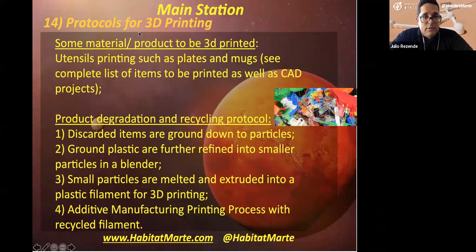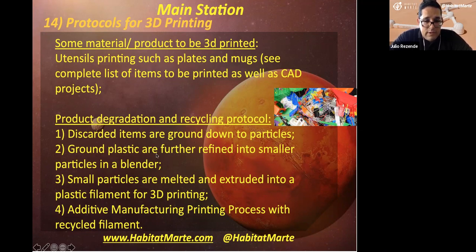Here we have some protocols for 3D printing. In this case, we are supposed to have the CAD projects aboard a computer connected with a 3D printer. Also, we considered product degradation and recycling protocols, like discarded items being ground down to particles.